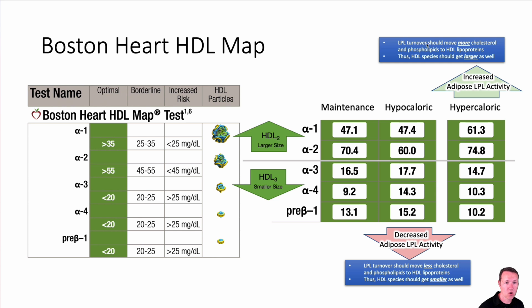That there's more turnover, resulting in more cholesterol and phospholipids going to HDL lipoproteins. Thus, HDL species should get larger. This is the largest that we're seeing at 61.3, 74.8 in the HDL2 larger size. Less is found in the A3, A4, and pre-beta relative to the other categories. So this perfectly fits the model as we've described it before.